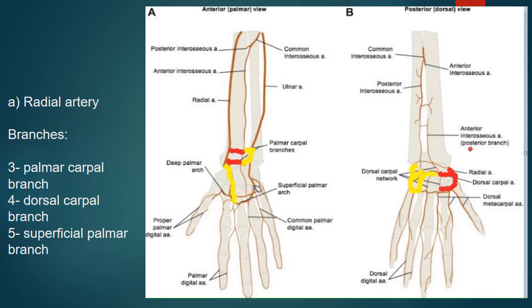We'll discuss these superficial and deep palmar arches in detail in the hand. For now, just remember that the superficial palmar branch of the radial artery anastomoses with the terminal part of the ulnar artery to form the superficial palmar arch in the hand.